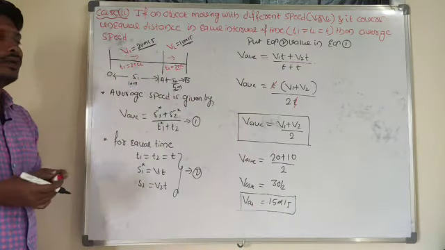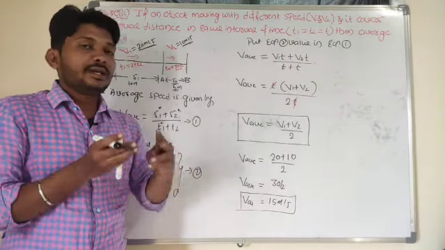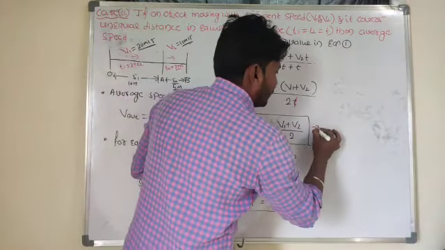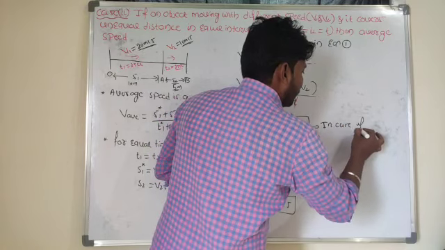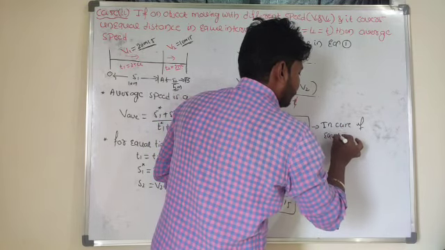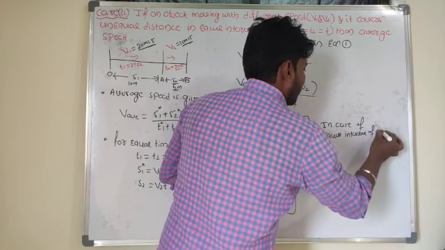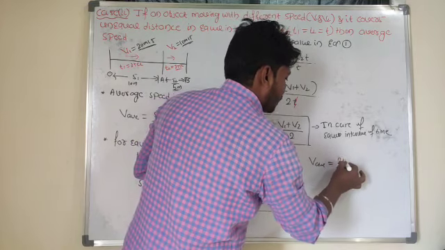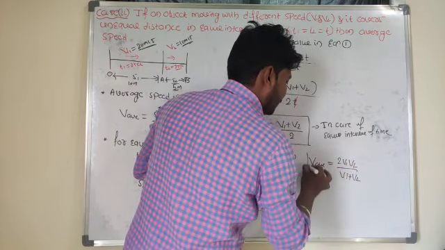So this is the formula for average speed if the object is moving with different speeds and covers unequal distances in equal intervals of time. This formula is applicable in the case of equal intervals of time. And one more equation we got: 2 times V1 into V2 divided by V1 plus V2.